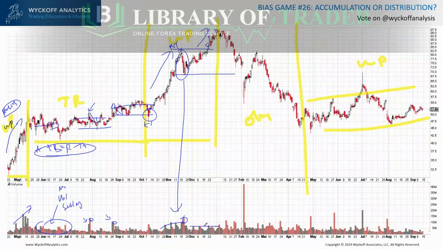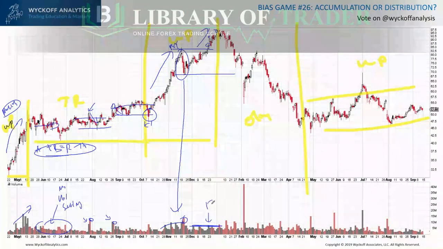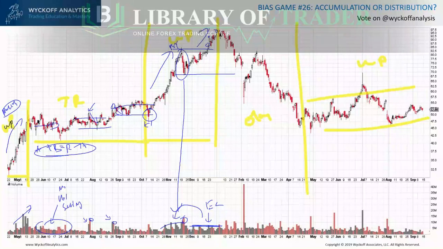The only thing that we're seeing is now a little bit of divergence between the effort, which is diminishing relative to the previous rally, and the result, where we have the diminishing thrust, specifically upthrust.